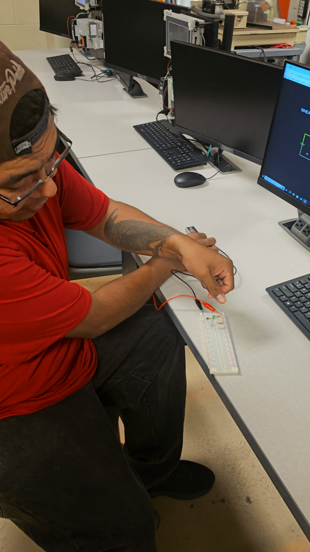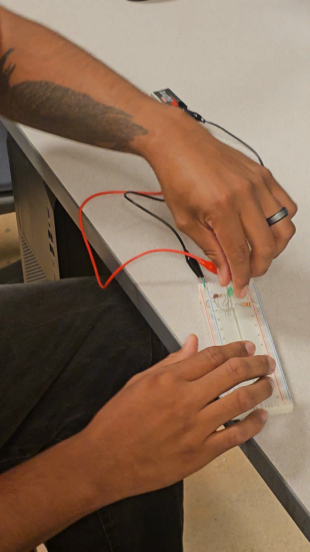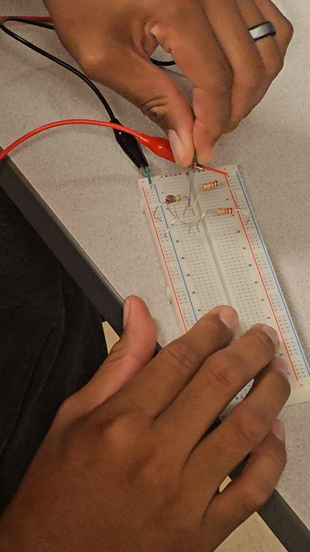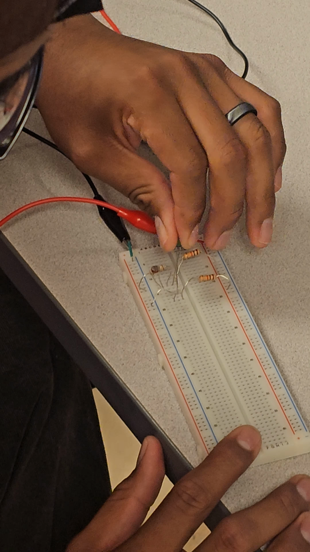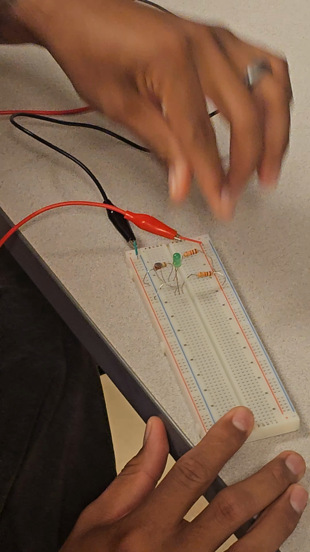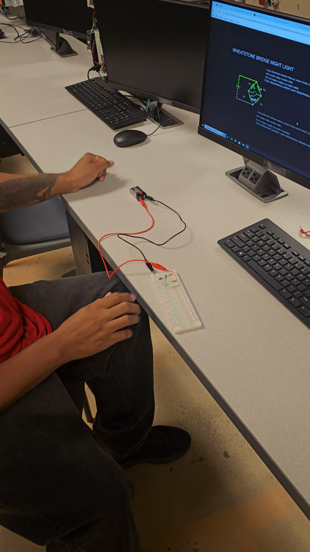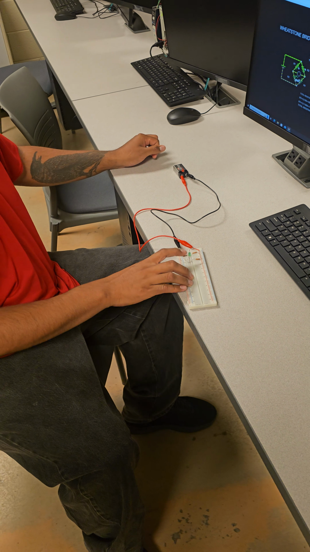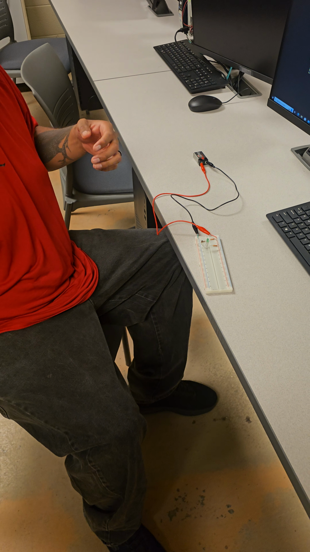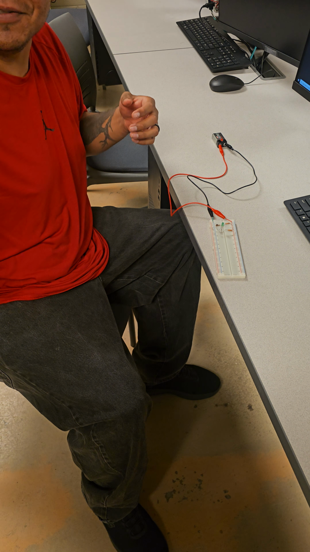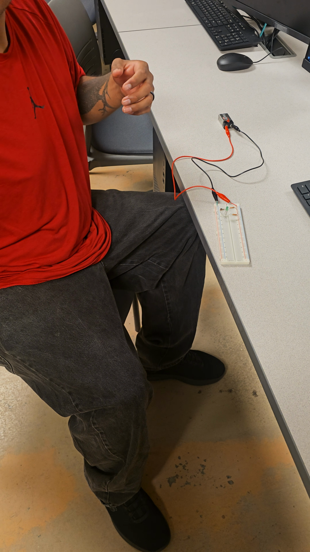Let's say I was to swap it upside down to this way. Now, the positive side of the LED isn't even near the photoresistor. It's on the opposite end. Everything's still wired up, but nothing whatsoever happens. Now, if I was to have a flashlight at the moment, which I don't, my beautiful assistant does though.